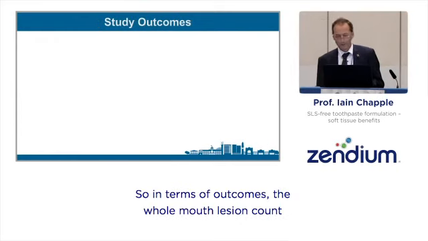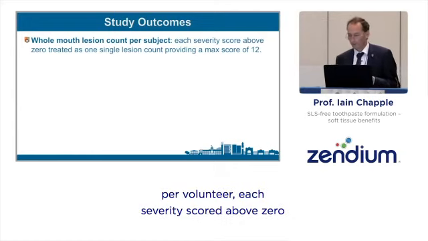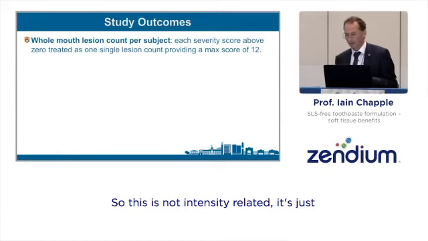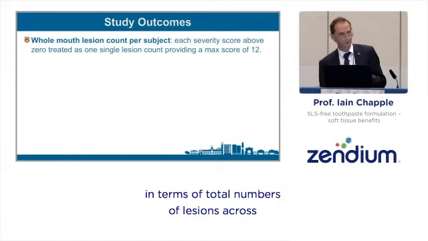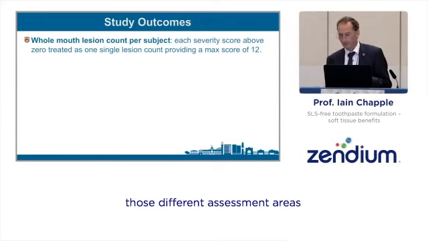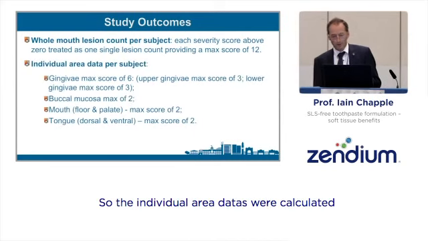So in terms of outcomes, the whole mouth lesion count per volunteer, each severity score above 0 was essentially treated as one single lesion. So this is not intensity related, it's just in terms of total numbers of lesions across those different assessment areas with a maximum score of 12. So the individual area data were calculated as I've explained.